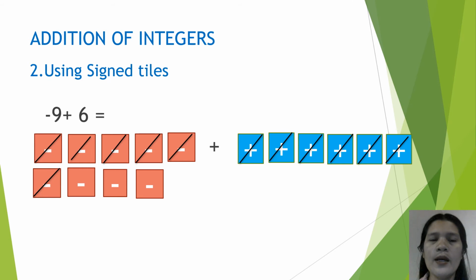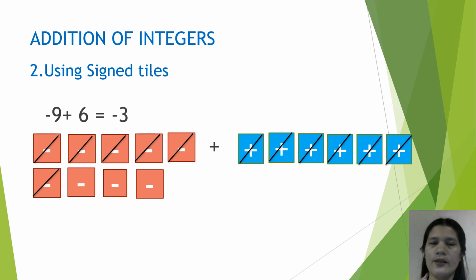How many tiles are left? We have 3 tiles left. So is it positive or negative? Negative tile. So our answer is negative 3.